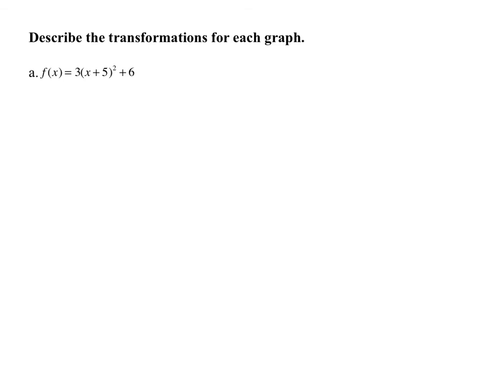And I know that's not a change from the parent, but I'm still going to describe what this graph is going to say. So I'm going to say this graph opens up, and the 3 indicates that it's going to be skinnier than the parent.